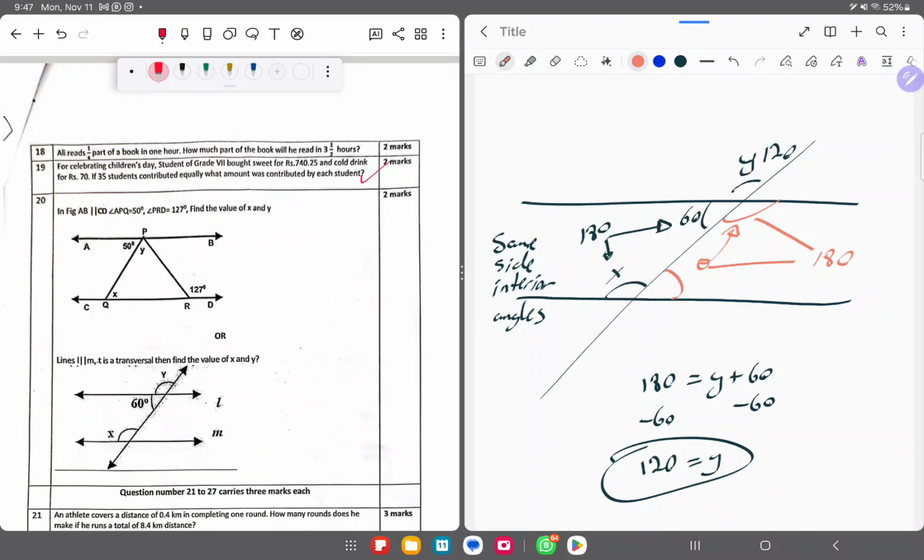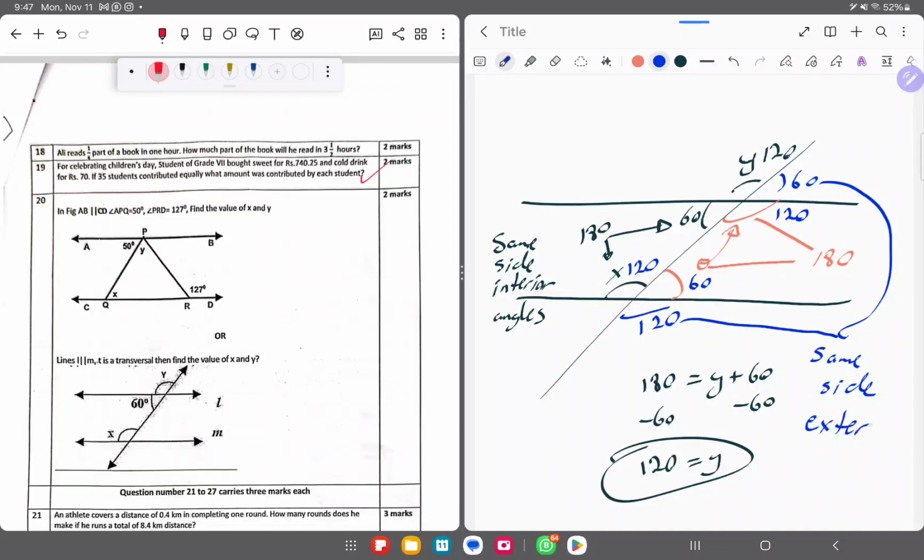Same thing with the same side exterior angles. If this one is 120 and this one is 120, this one is a 60, this one is a 60. Same thing with these two.